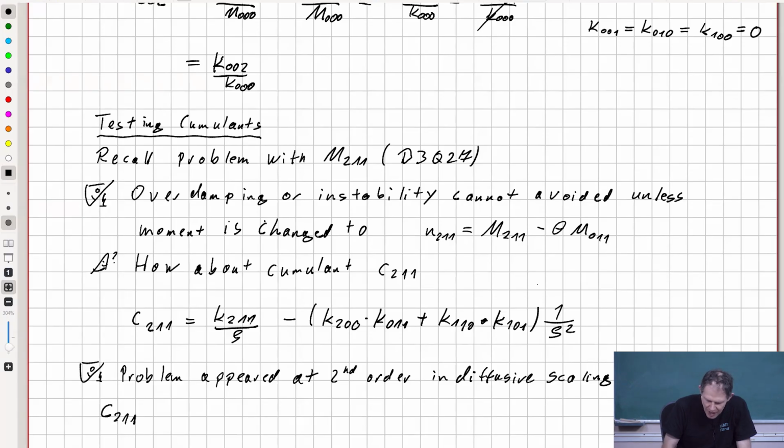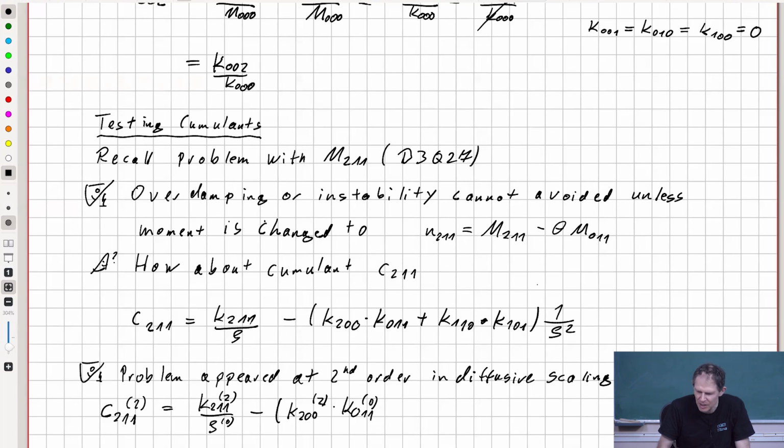So with asymptotics, if we take the second order of C211, then we can write this as the second order of K211 divided by rho to the 0 order, minus K200 to the second order times K011 to the 0 order. And I remind you that there is no first order of a second moment.